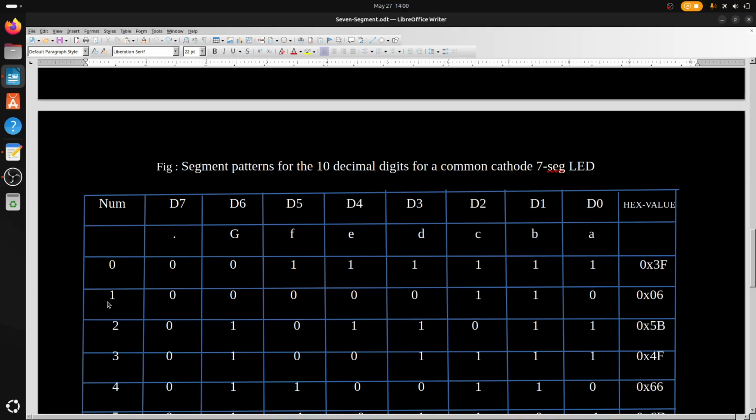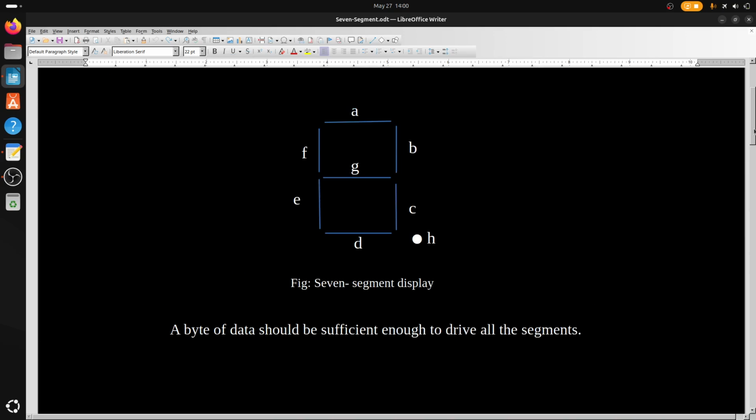And if you want to display 1 on the 7-segment display, then you have to turn on lead D2 and D1 only. D2 and D1 mean leads B and C. If you turn them on, then you get 1. The rest will be off.